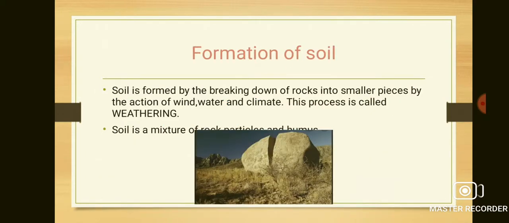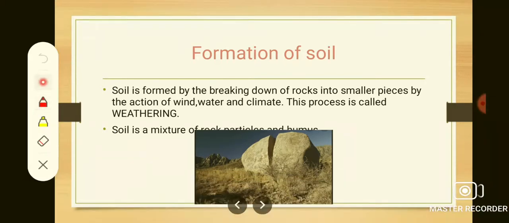Now let us go through formation of soil. Soil is formed by breaking down of rocks into smaller pieces by the action of wind, water, and climate. And this process is known as weathering. So, in this picture, you can see the breakdown of rocks into smaller pieces.